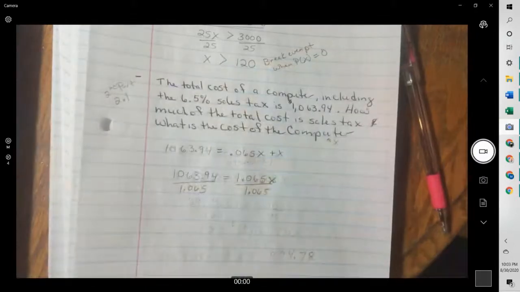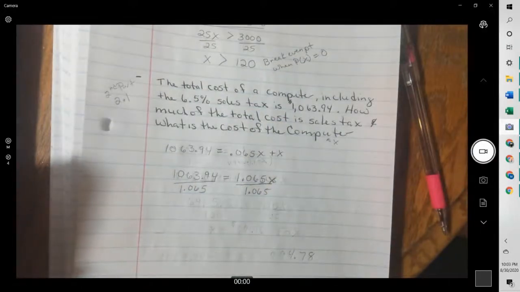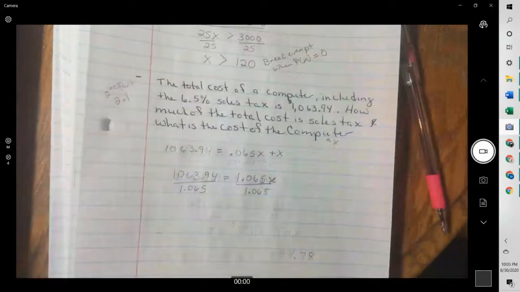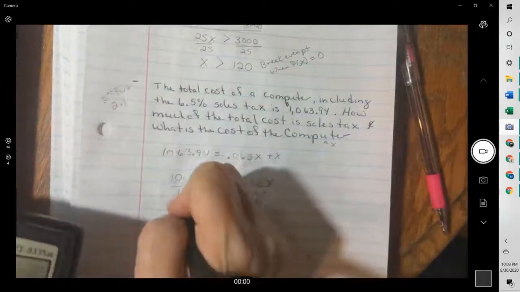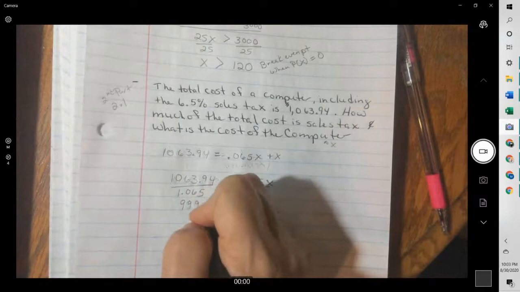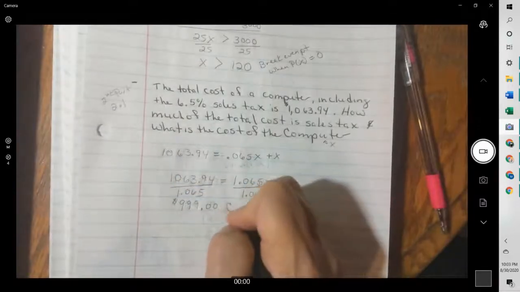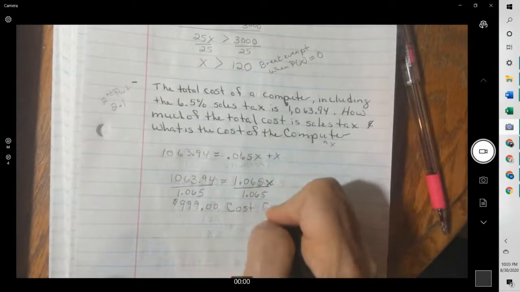And if we divide those, we get $999. That would be the cost of the computer.